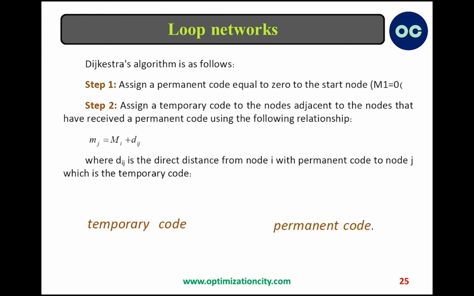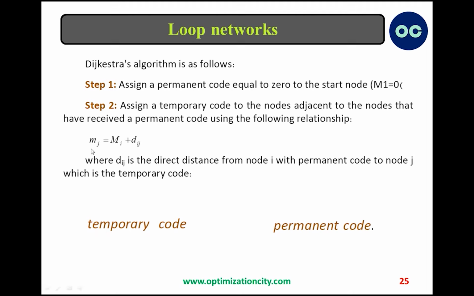The Dijkstra method can be summarized in the following steps. Step 1. Start by assigning the permanent code of 0 to the starting node. M1 is equal to 0 because node 1 is the starting node. Assign the temporary code to the nodes adjacent to the node that already has the permanent code using the following formula.